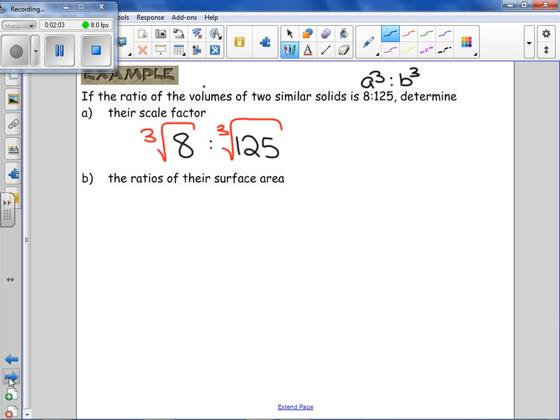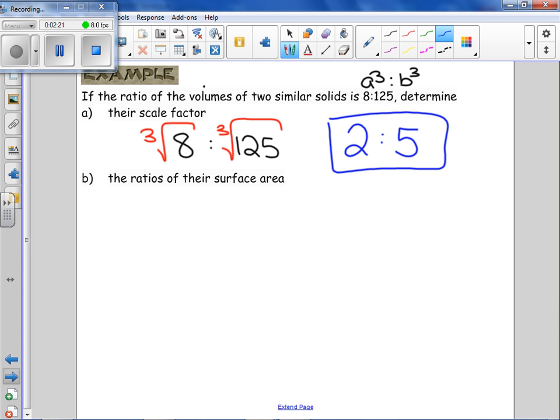So again, you would grab your calculator. The cube root of 8 is 2, and the cube root of 125 is 5. So I get a ratio of 2 to 5. It then says, what is the ratios of their surface area?